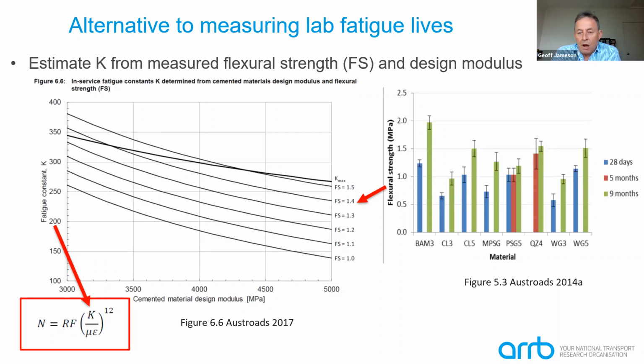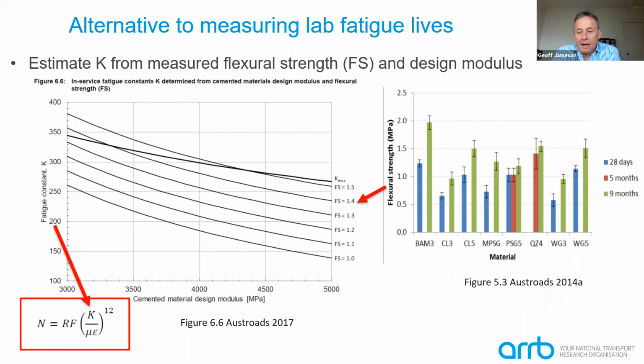And shown on the right-hand side here are some typical flexural strength values for cemented materials. For the sorts of materials commonly used by road agencies, the flexural strength would be between 1 and 2 MPa at 90 days.